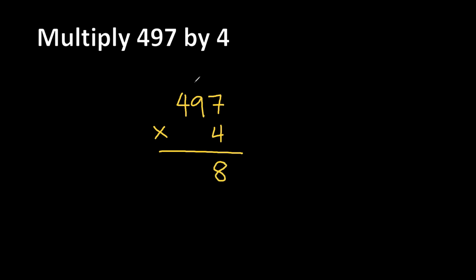Write down 8, carry 2. 9 times 4 is 36. Plus 2 is 38. Write down 8. Carry 3. 4 times 4 is equal to 16. Plus 3 is equal to 19. So the answer is 1,988.